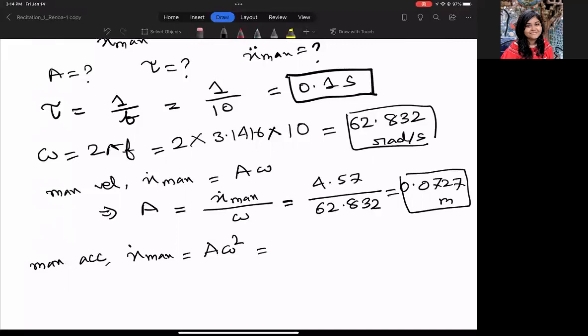Let's put the values. A is equal to 0.0727 and omega square would be 62.832 square. If we calculate it, we'll get the answer to be 287 meters per second square.